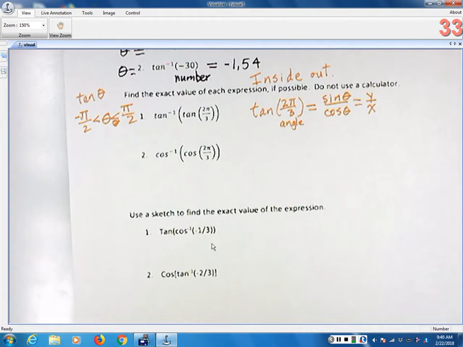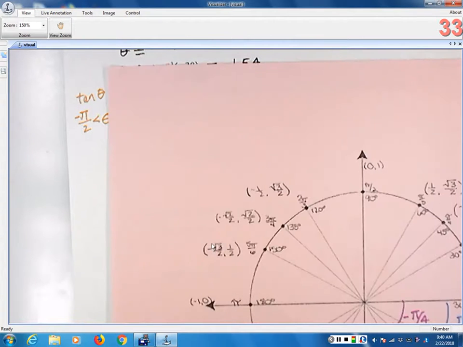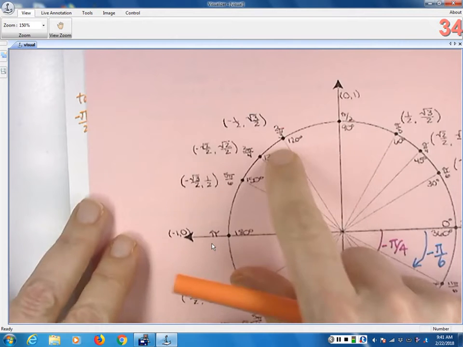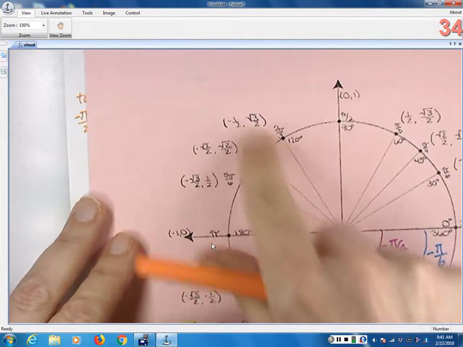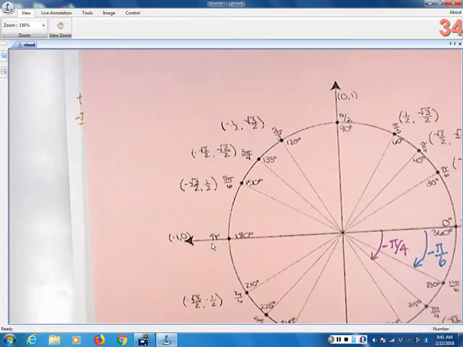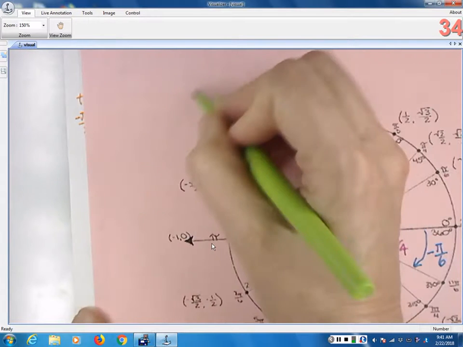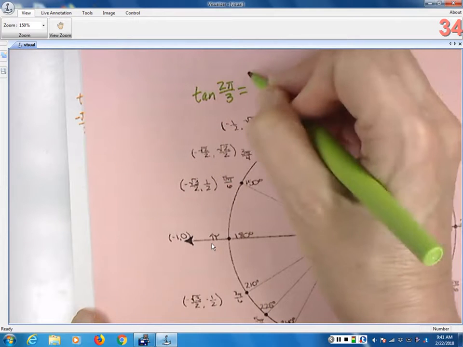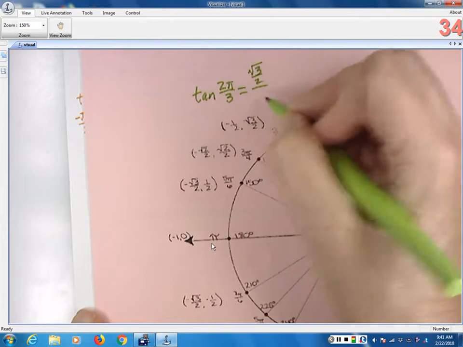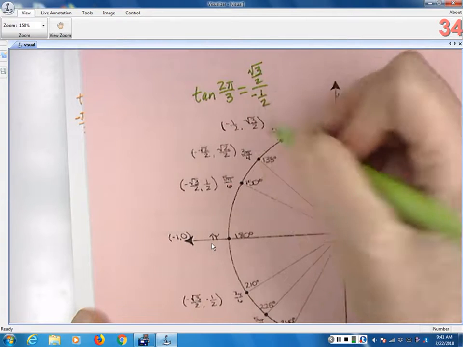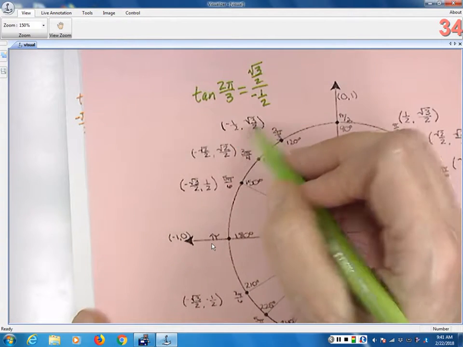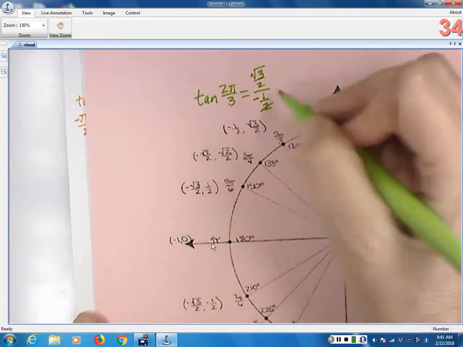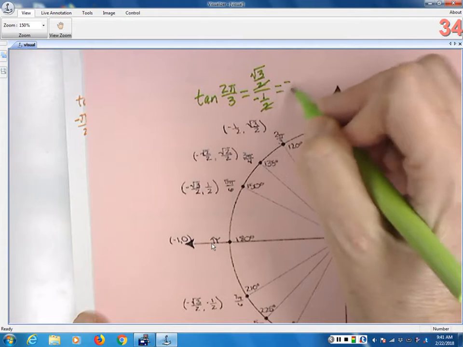And it helps if you can do some of this math in your head. I'll go ahead and write it down. Square root of 3 over 2. Tangent of 2pi/3 equals square root of 3 over 2 divided by -1/2. Y/x, we cancel the 2's, we get negative square root of 3.